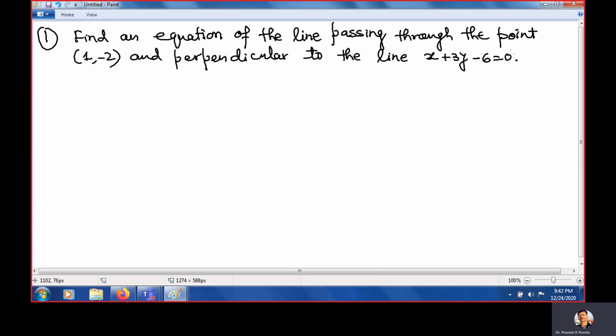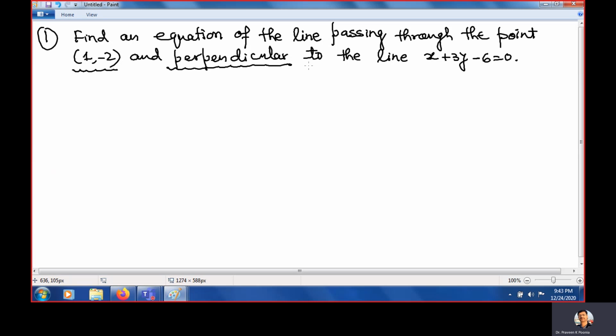This question is the same as the parallel line. It was passing through a point but parallel to the line. Parallel to the line means the slopes were the same. Here the slopes are not the same because it is perpendicular. So there is some condition. Clear? What is the condition? That the product of two slopes is -1.